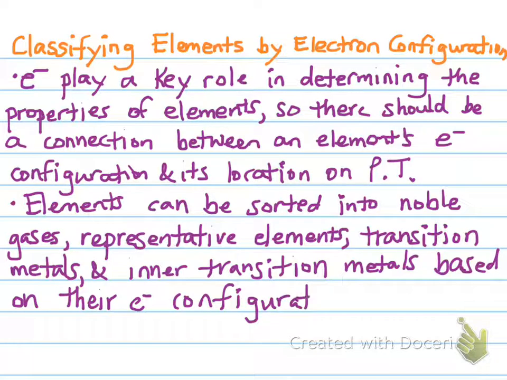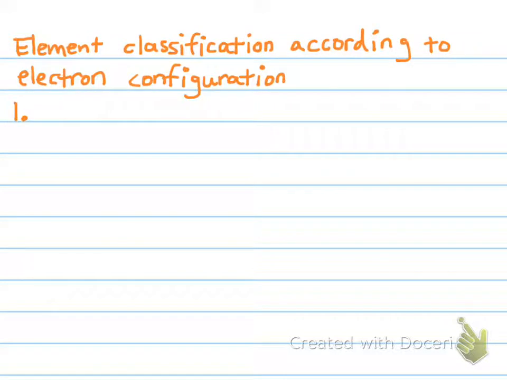So again, we're going to be using what we did in the last units where we wrote those electron configurations, like helium's being 1s2, to classify where an element is on the periodic table. So element classification according to electron configuration.